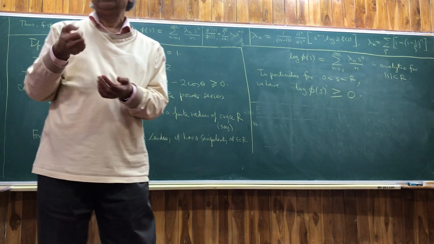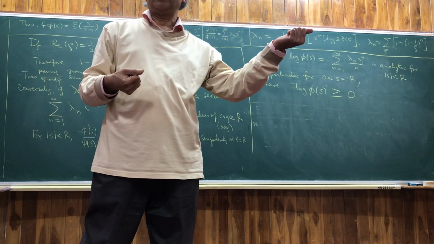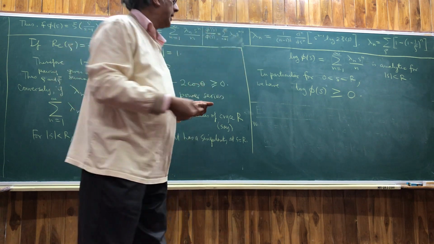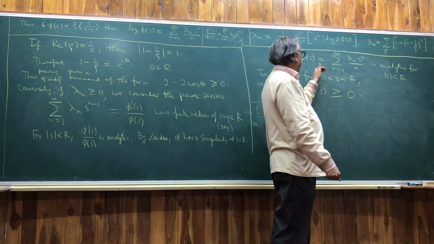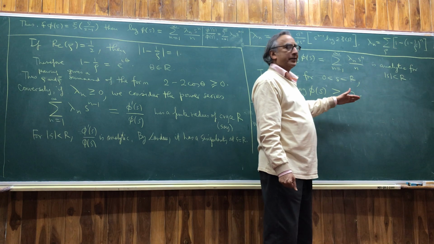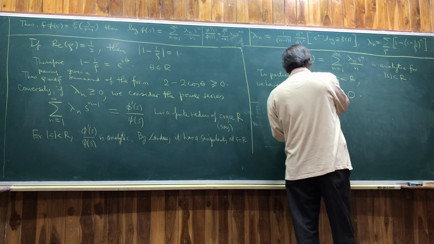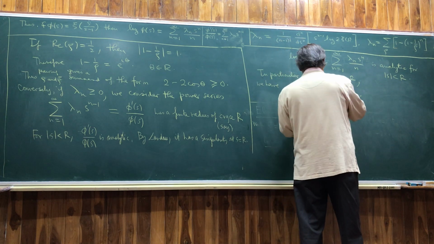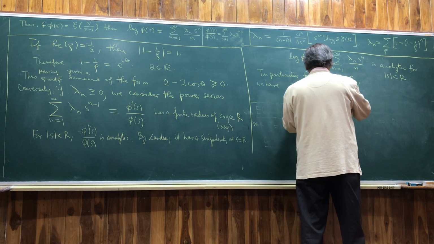Remember what I'm trying to show? Lambda n positive implies the Riemann hypothesis. I'm trying to show that, okay? So if they're all positive, log phi of s is non-negative. In particular we certainly have log absolute value phi of s, actually.